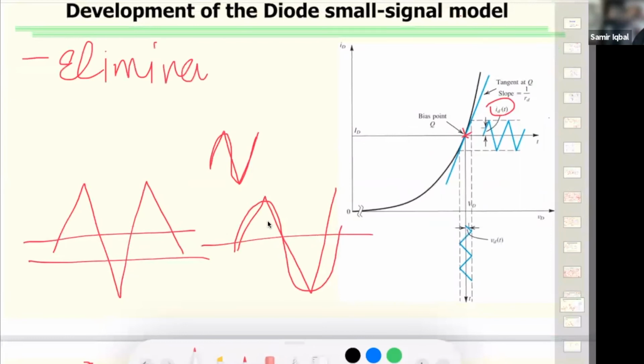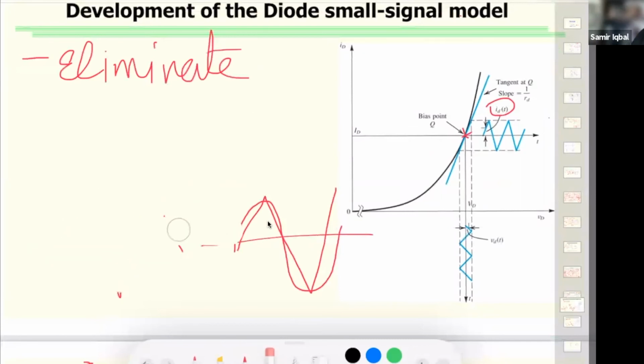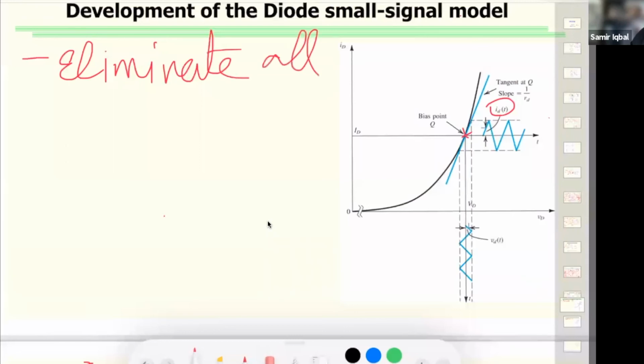So these steps are important. Now, when we have small signal, we have to do these steps to make our analysis simple and straightforward. So we'll remove all DC sources and we'll just short circuit them.